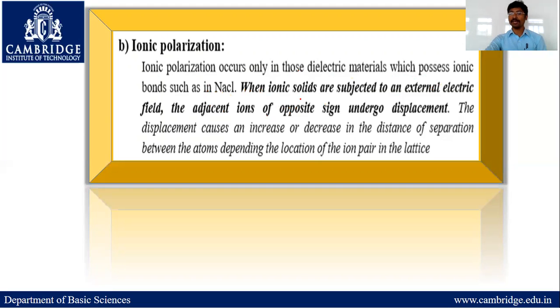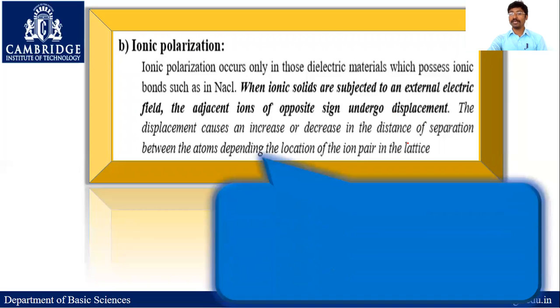Now, when ionic solids are subjected to external electric field, the adjacent ions of opposite sign undergo displacement. The displacement causes an increase or decrease in the distance of separation between the ions, depending on the location of the ion pair in the lattice.